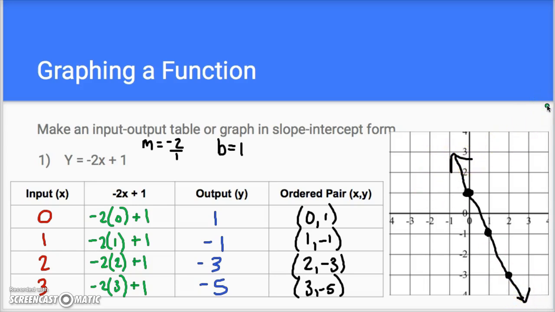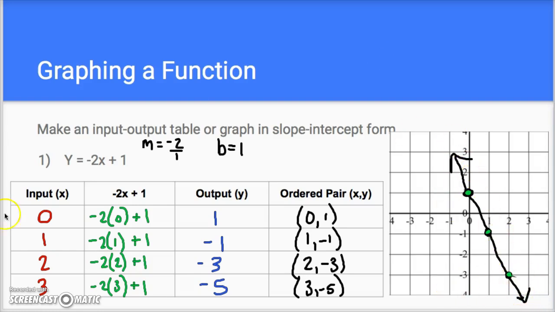And what I want to show you is that every single one of these 4 points would fall on that line. So 0, 1, over 0, up 1, that's right there. 1, -1, right there. 2, -3, right there. And then 3, -5 would go off my graph, but it would fall on that line.